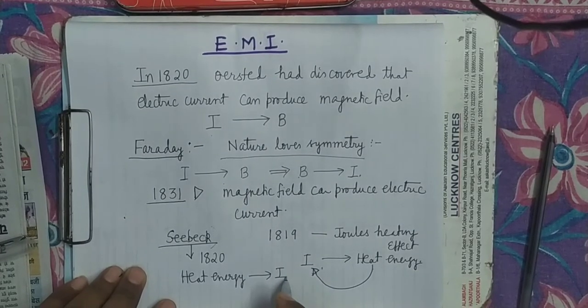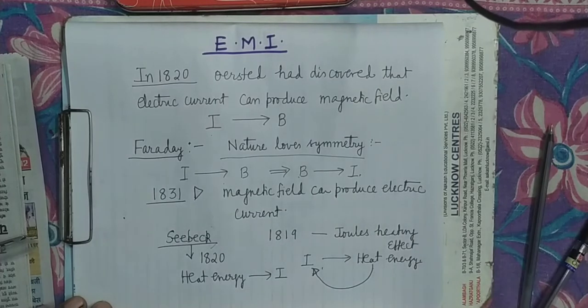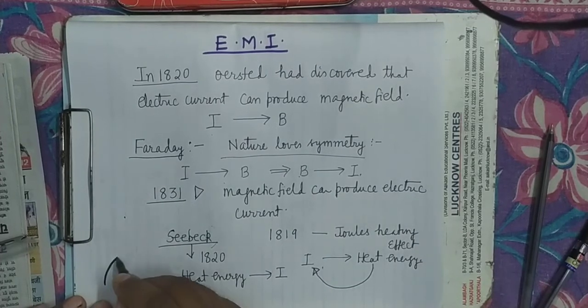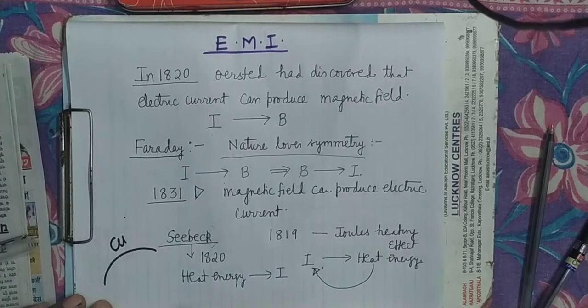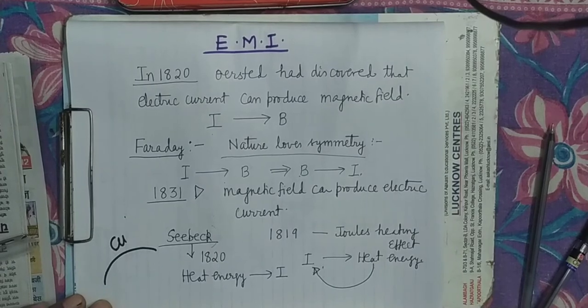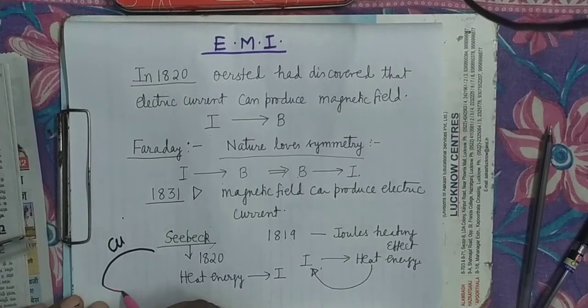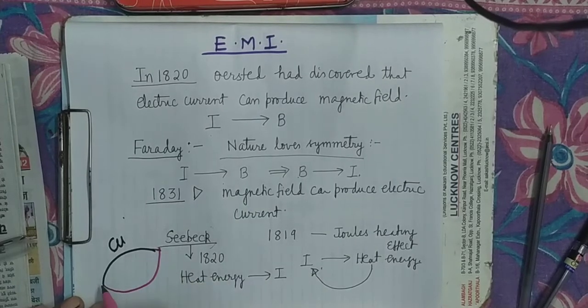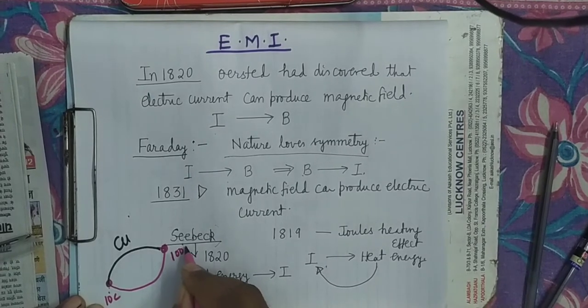For this he took two dissimilar metallic plates, one metallic plate of copper and the other metallic plate of iron, joined end to end. He kept both the ends at different temperatures. Suppose this at 10 degrees Celsius and this at 100 degrees Celsius.